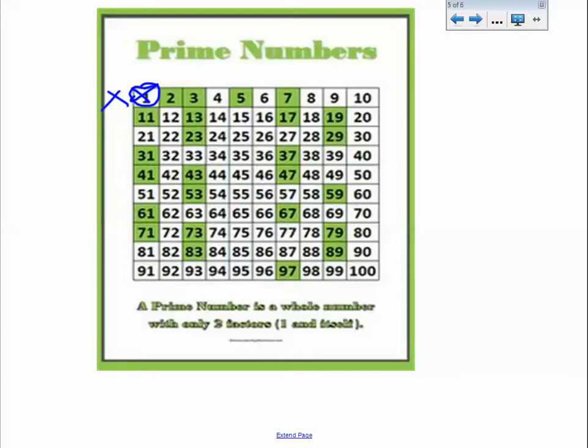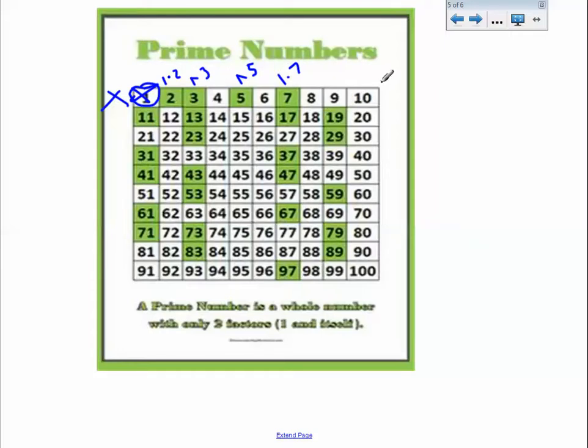We'll talk about that again in a second. But for the prime numbers, all of these highlighted in green, the only thing you can do to get that number is 1 times 2, 1 times 3, 1 times 5, 1 times 7. All of those only have two factors.